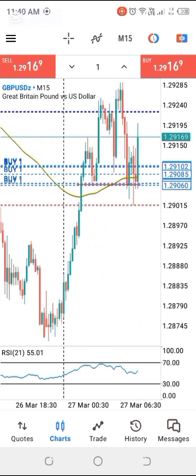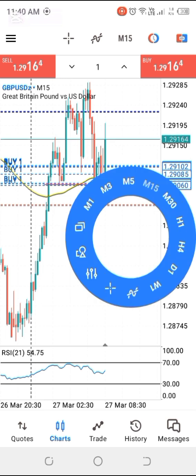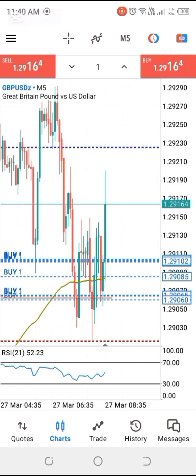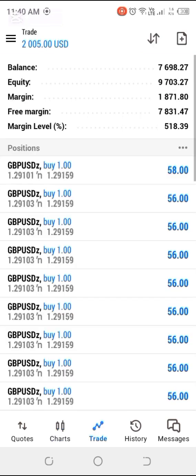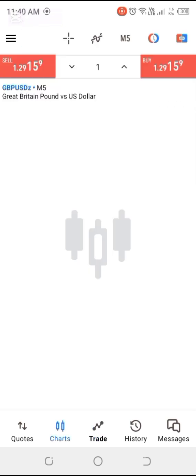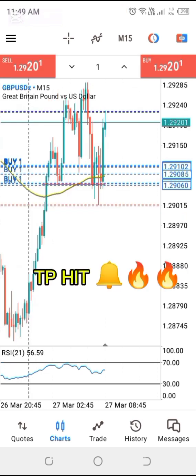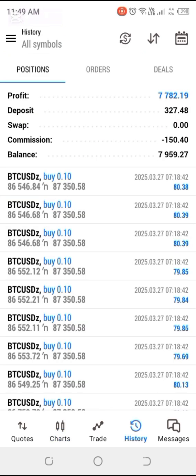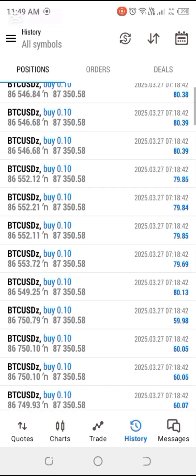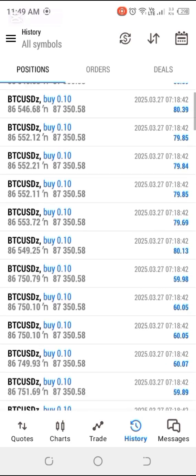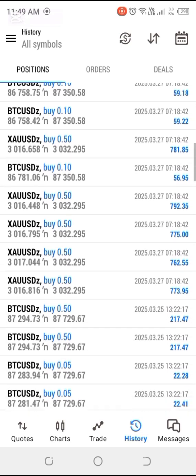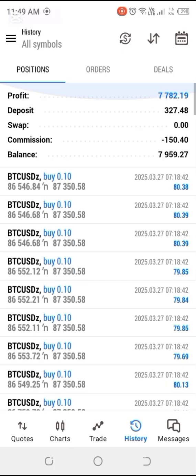So I decided to hold it for some hours or for some minutes. Okay, so I'm still watching it. So I was watching if it was going to retrace back to entry and close the trade, but it decided to hit our take profit level.